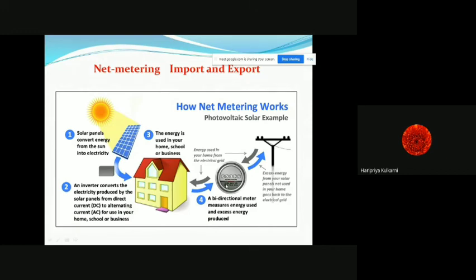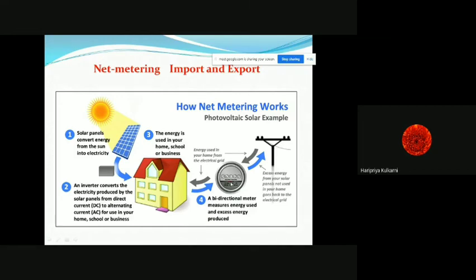Even nowadays, when we are not generating any power, the meter connected at our home is unidirectional because we take power only from the MSCB. But when we have our own solar generator and we export power to the MSCB, it must record that. So the meter which records in and out, with the direction change as plus and minus, is called a bidirectional meter or net meter.